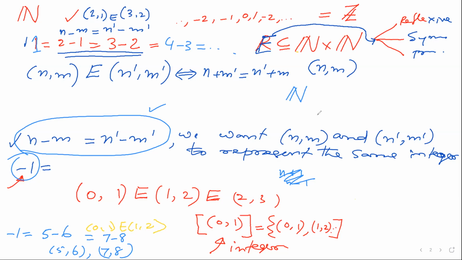The point is, what do you do with that? Okay, so you have a set, N cross N, and you are getting out of that the equivalence classes. What is this here?